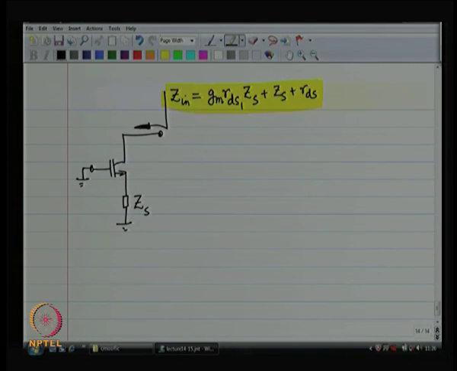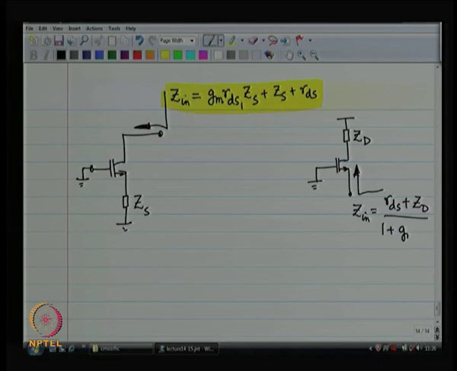Please keep this at the back of your mind. And formula number 2, okay.